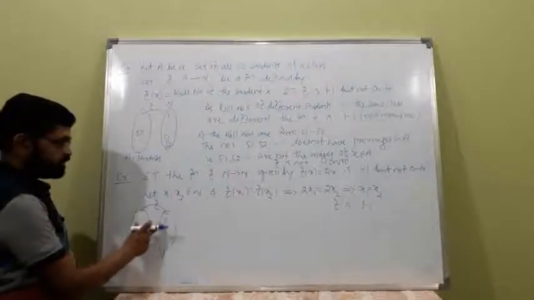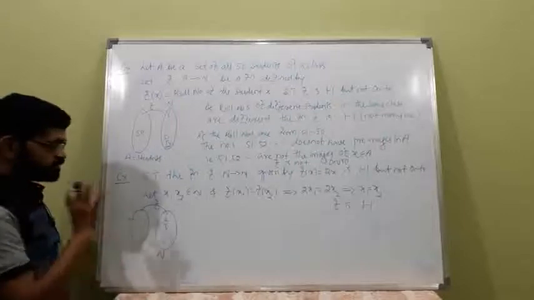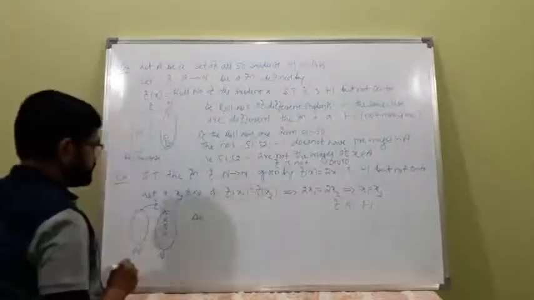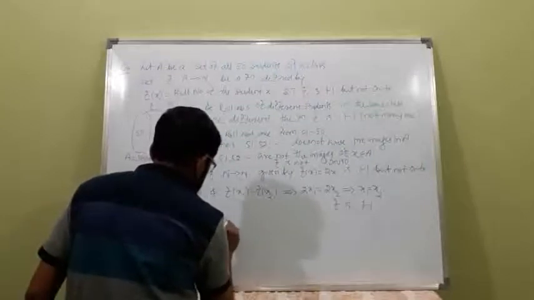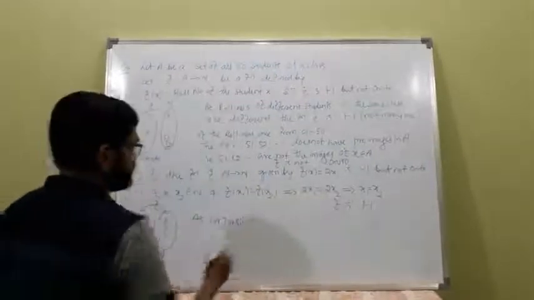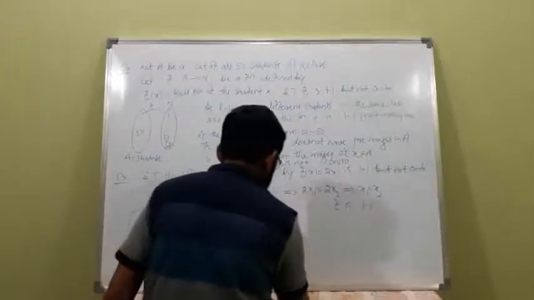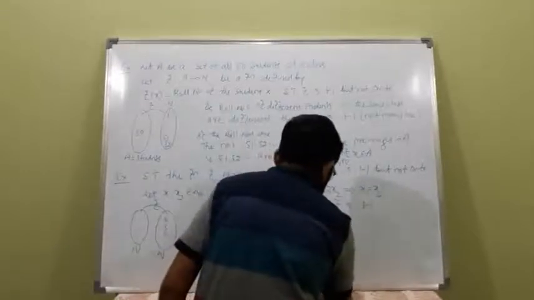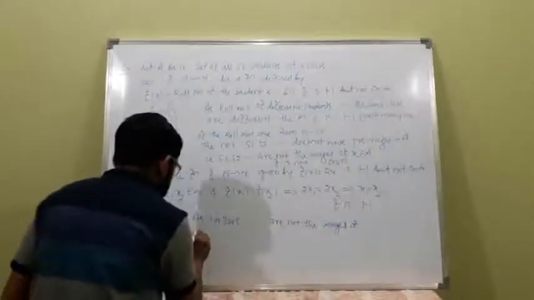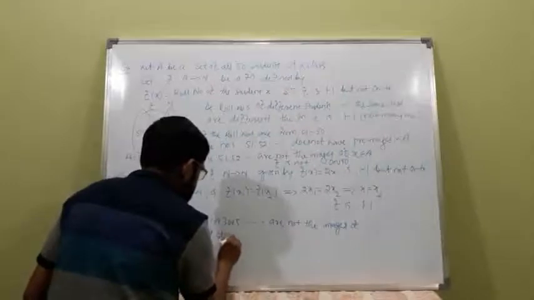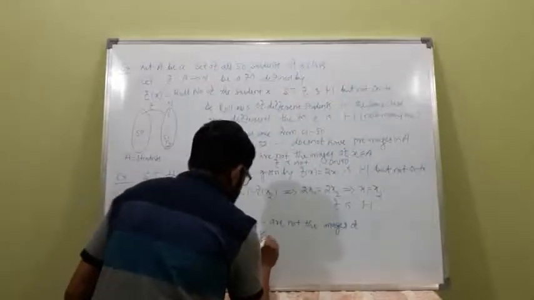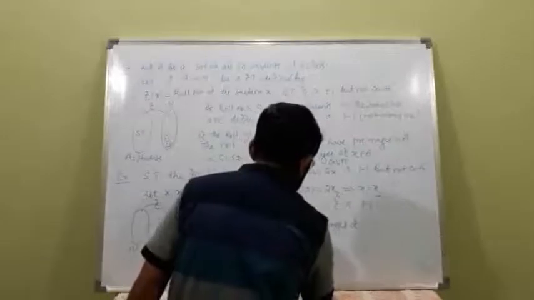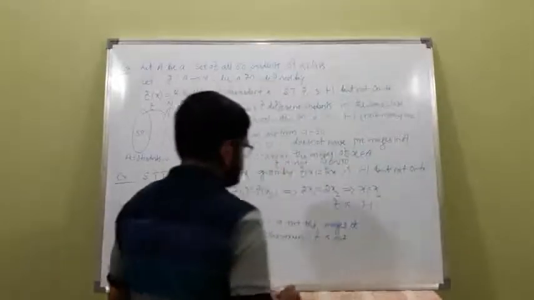The remaining odd numbers are not the images of the domain, as 1 or 3 or 5, and so on, are not the images of any element in the domain. f is not onto.